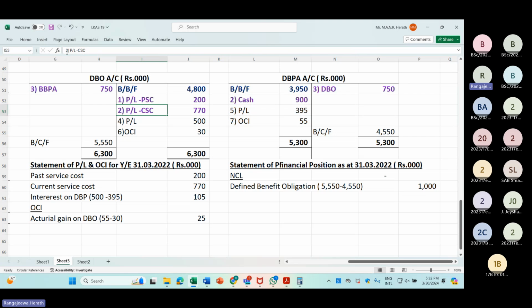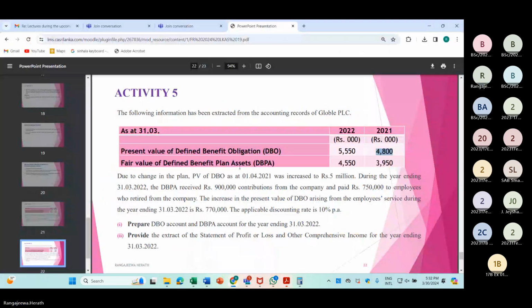After that we can take the current service cost as 4. Then interest. Now this is interesting. You are given the applicable discount rate 10%. Normally we are taking opening balance into 10%, but present value of defined benefit obligation beginning of the year 4,800.